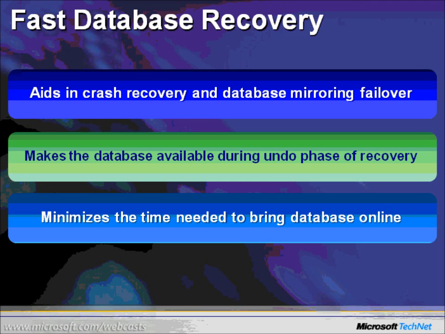Then on top of that, as it is rolling through the undo phase and those things are applied, that data as well becomes available. So you don't even have to wait for the entire 4 gig to be undone. As it rolls things back, you're going to get access as well.